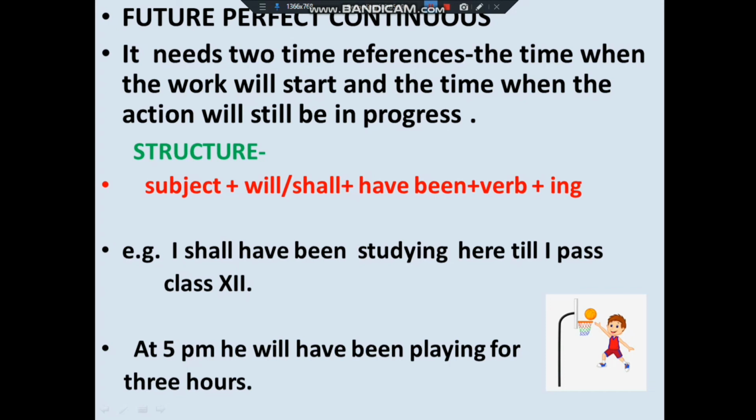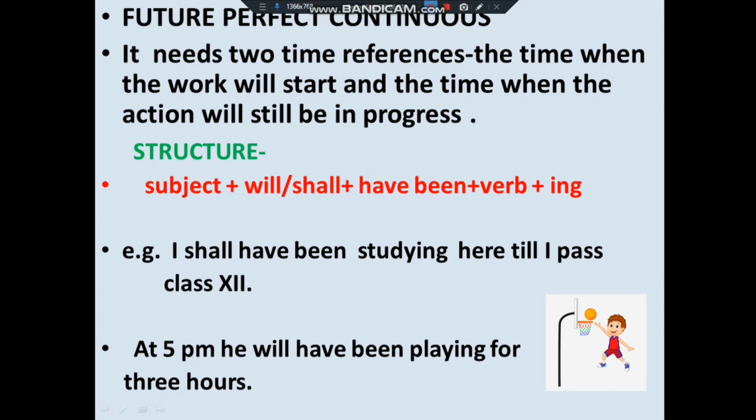At 5 p.m., I will have been playing for 3 hours. Again, the time duration is given. Here, we don't know about the beginning time, but we know the time duration. When the second action will happen, means at 5 p.m., at that time, the action will be in continuation. Okay, children?